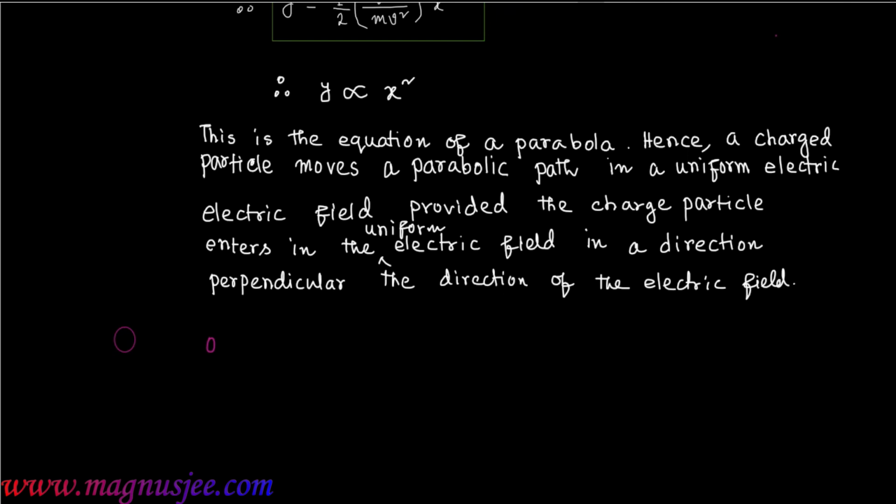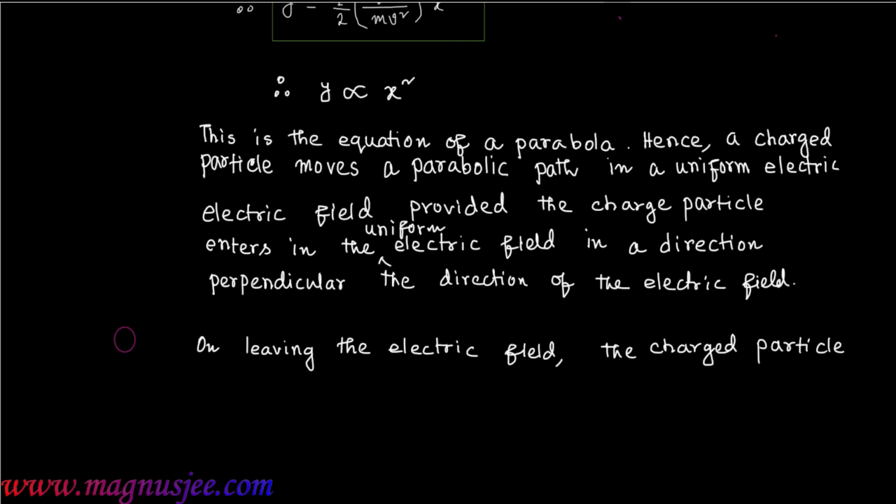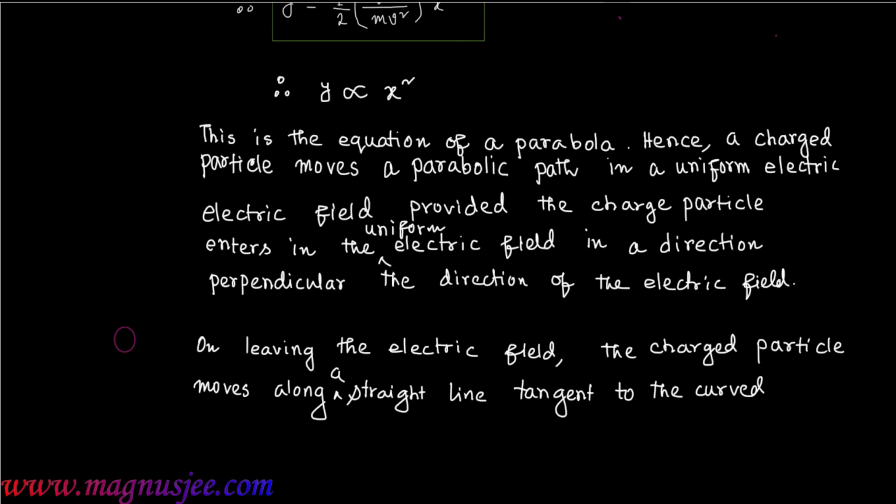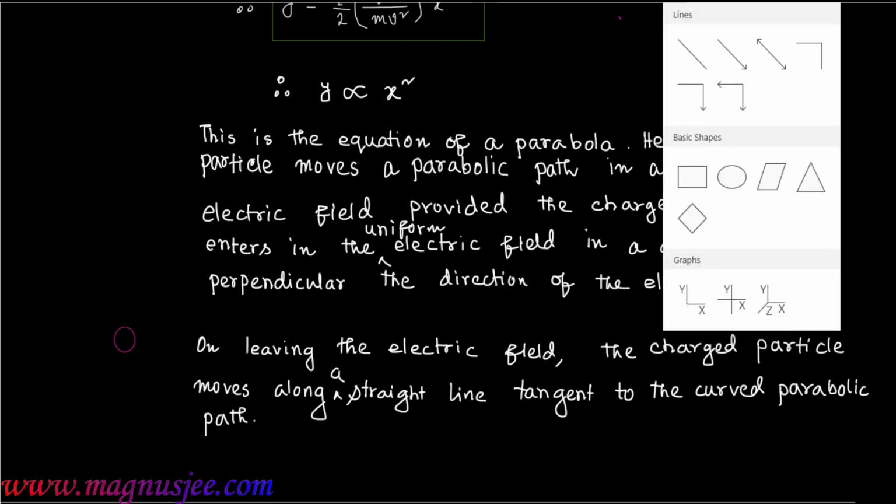Additional information: on leaving the uniform electric field, the charged particle moves along a straight line tangent to the curved parabolic path.